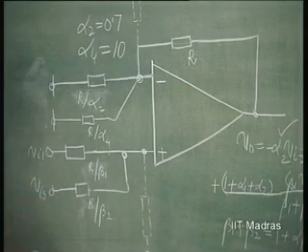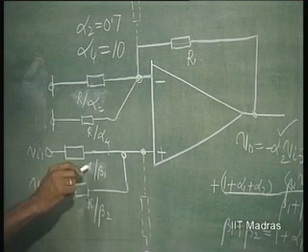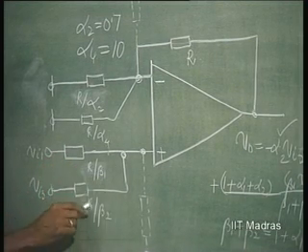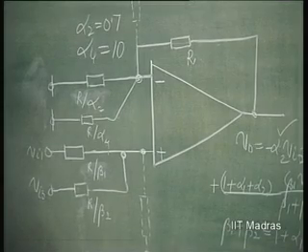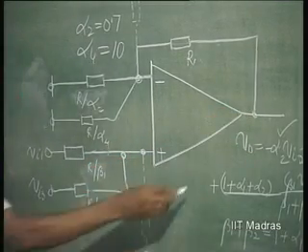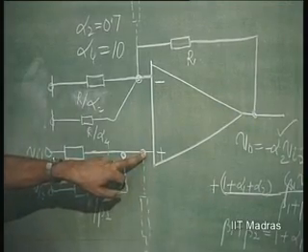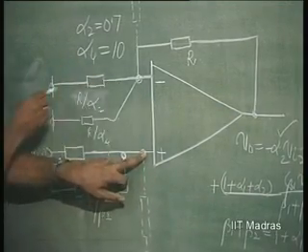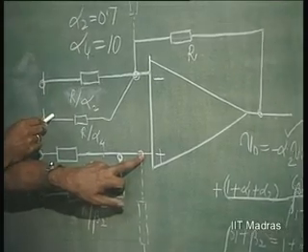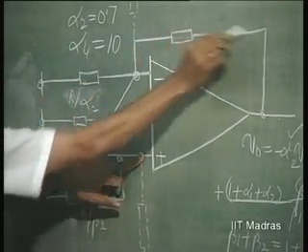So, in order to adjust the coefficients, I am putting some resistances through this. This is R by beta 1, this is R by beta 2. Suppose I put this, then what is the resultant voltage here? From here to here, it will act as a non-inverting amplifier because you have two resistances coming in parallel here, and there is a resistance in the feedback.